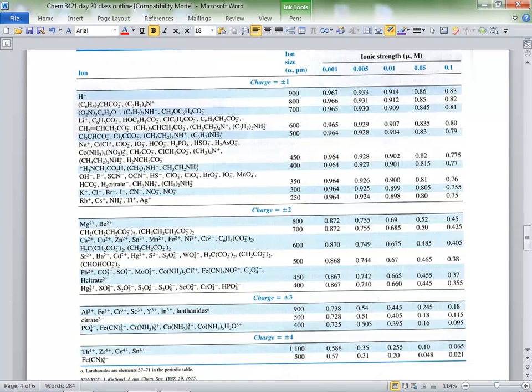If you have 0.2 molar as the concentration, to get the right answers you really need to plug in 0.23 molar. So you multiply your concentration times the fudge factor to get the right answer, and that fudge factor is the activity coefficient.